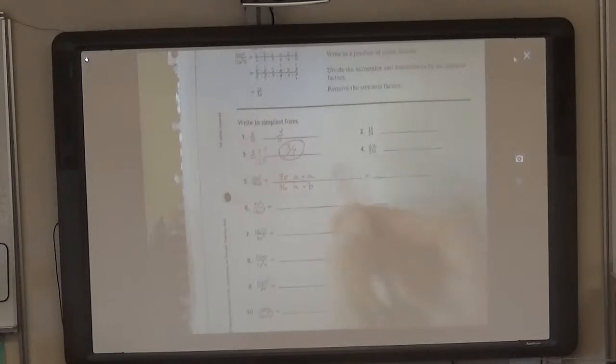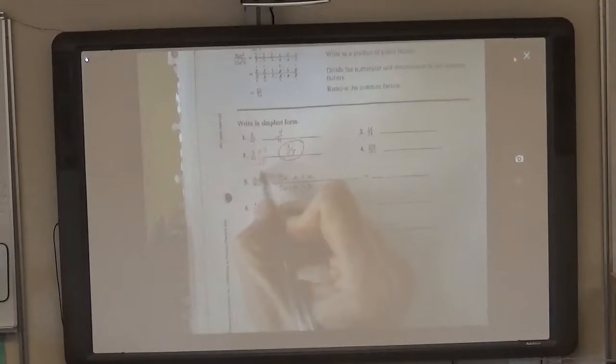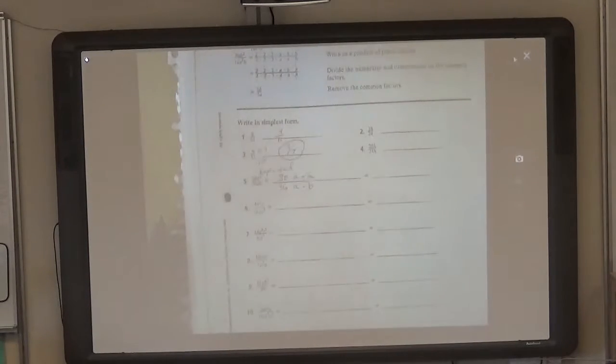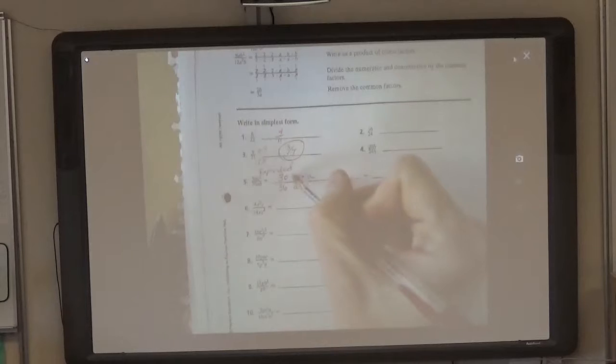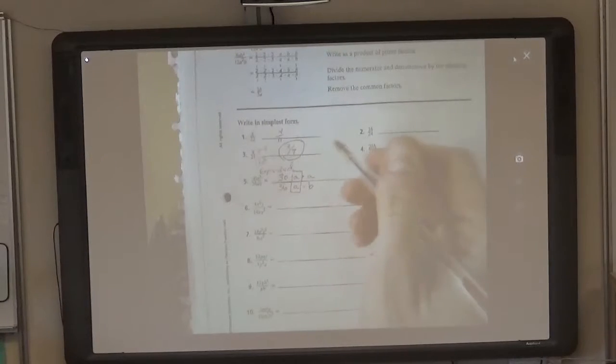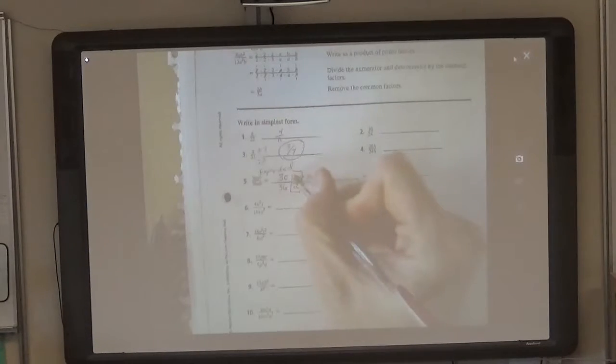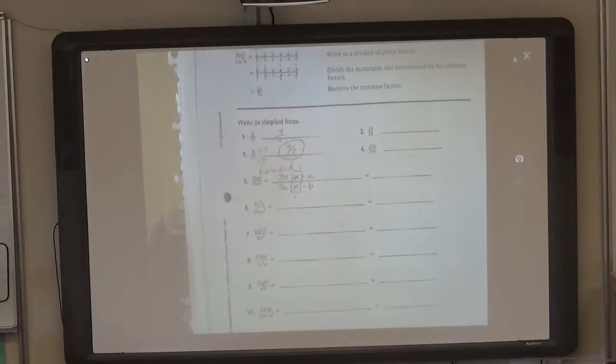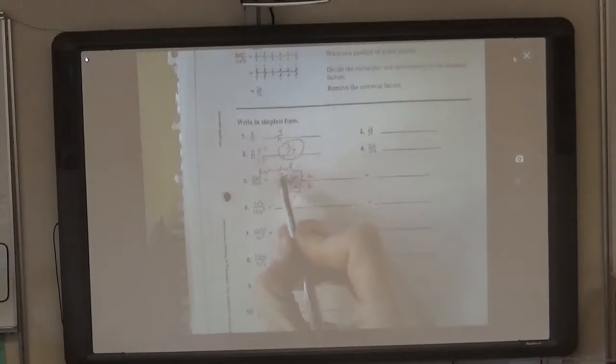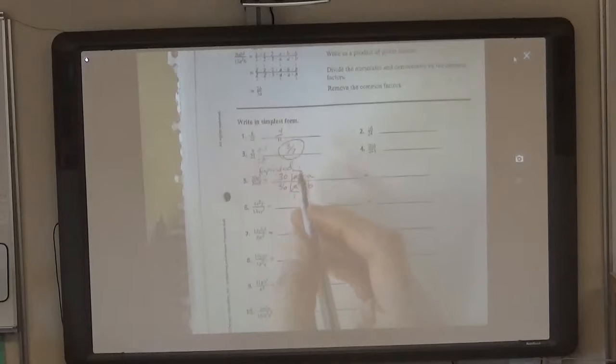This is called expanded form, because the factors are separated. What you can see when you have expanded form is that these a's, a divided by a is 1. So we can write 1 there, 1 over 1, which is 1. And then we can reduce the 30 over 36.